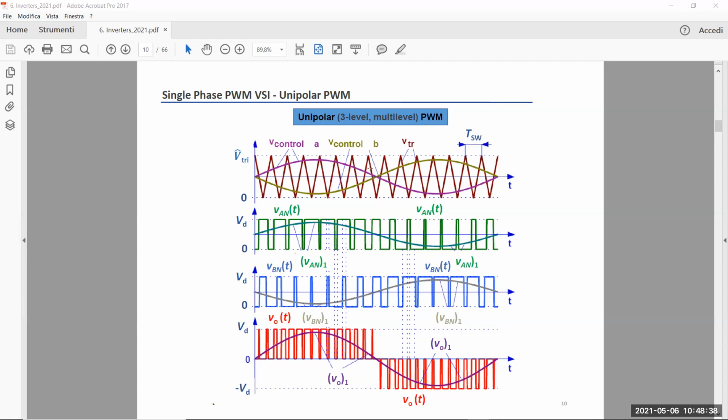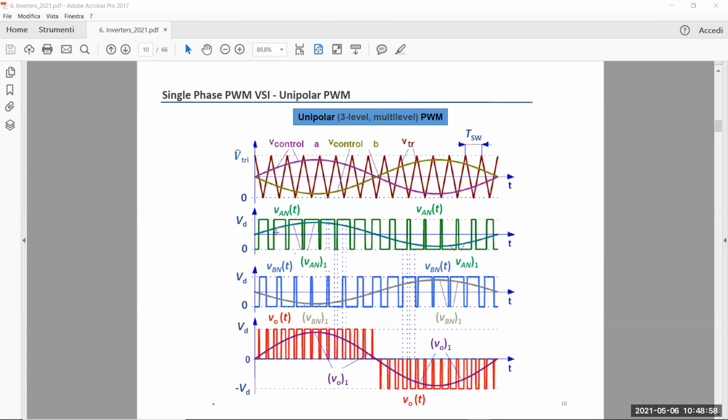When the control voltage crosses V triangular peak divided by 2, the duty cycle is almost 50%. Basically, we have a sine wave modulated pulse width waveform. This is the unitary switching function.